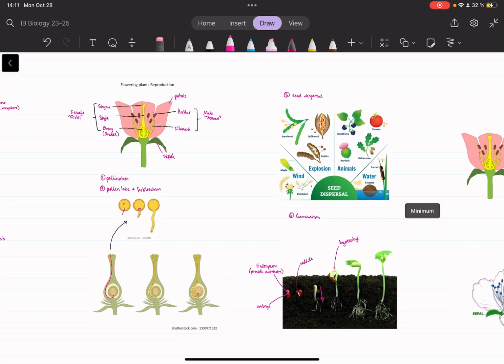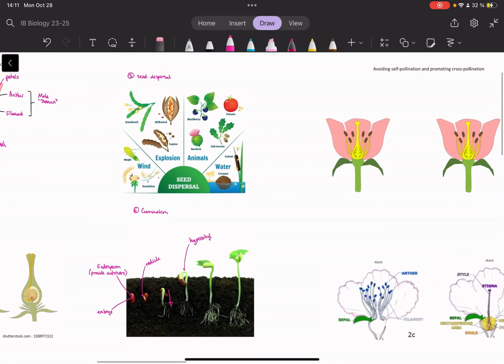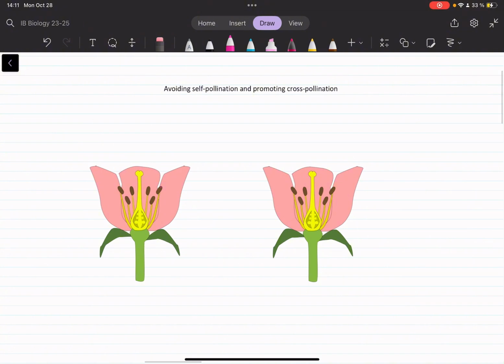Now, this is all of the steps that we need to know for the actual process of reproduction and plant growth, I guess. But there's one final thing we need to know for plants, which is how plants avoid self-pollination and promote cross-pollination. This is important because the more a plant self-pollinates, the less genetic variation there is.